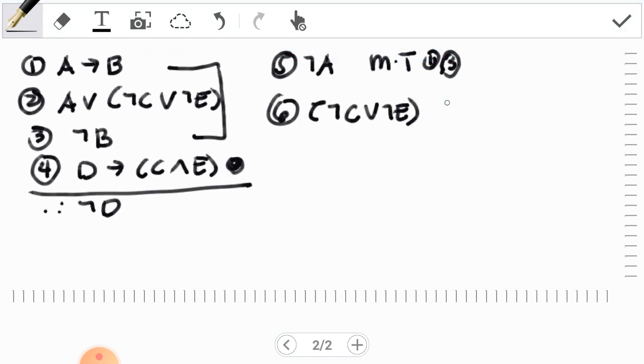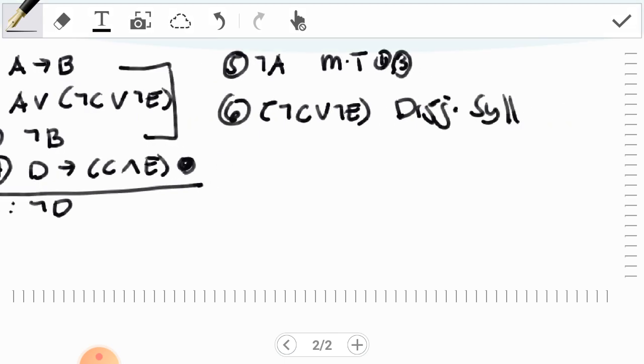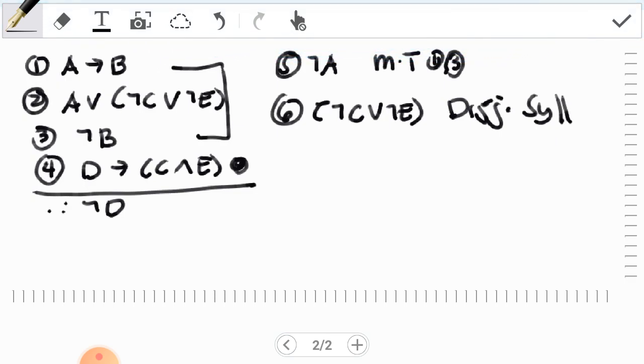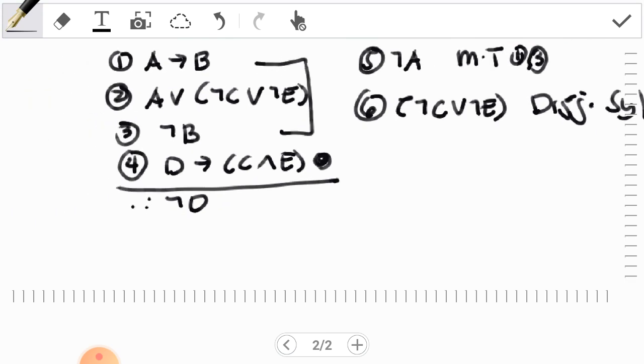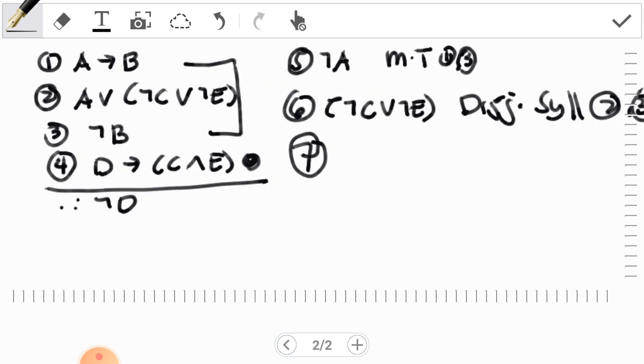This is disjunctive syllogism. Disjunctive syllogism of what lines? 2 and 3. 2 and 3. And then, after using disjunctive syllogism of 2 and 3, what can we do here?